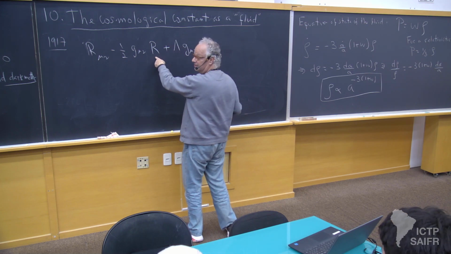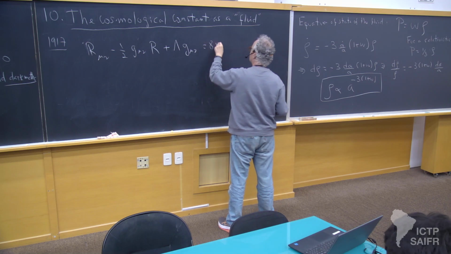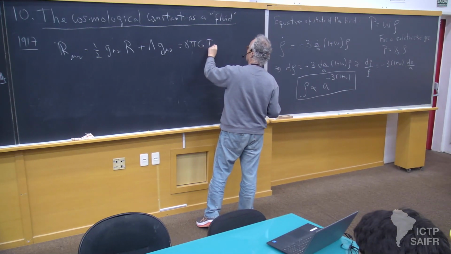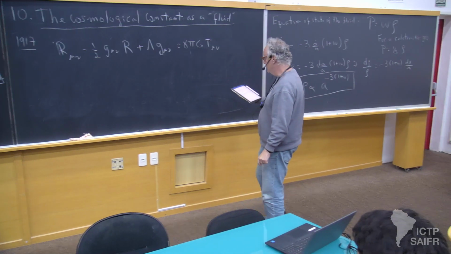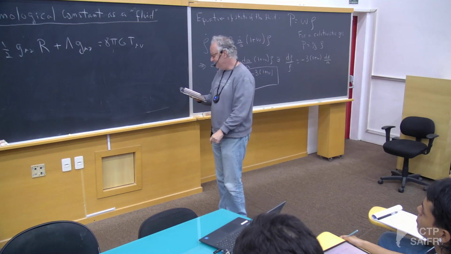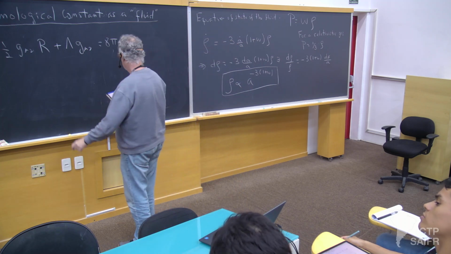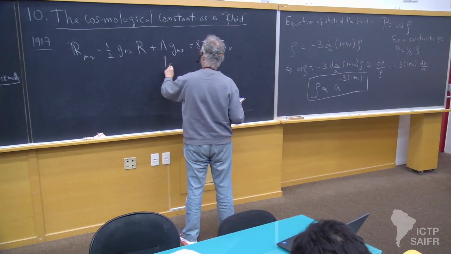R is not a constant, as you know, but lambda is a constant. So this term is allowed. It doesn't violate any symmetries. And he put this in order to have a static universe. This is called the cosmological constant.